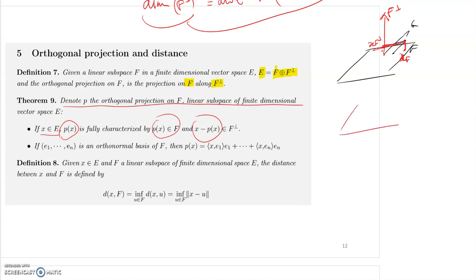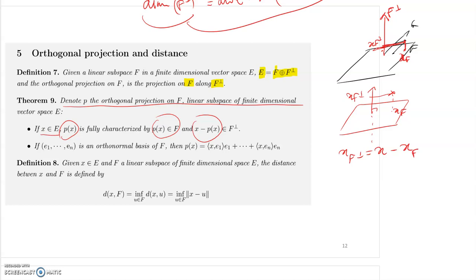Okay, so again, same stuff. So now we've got the orthogonal projection. Okay, and so we got one part X_F, and X_F orthogonal is actually given by X minus X_F.